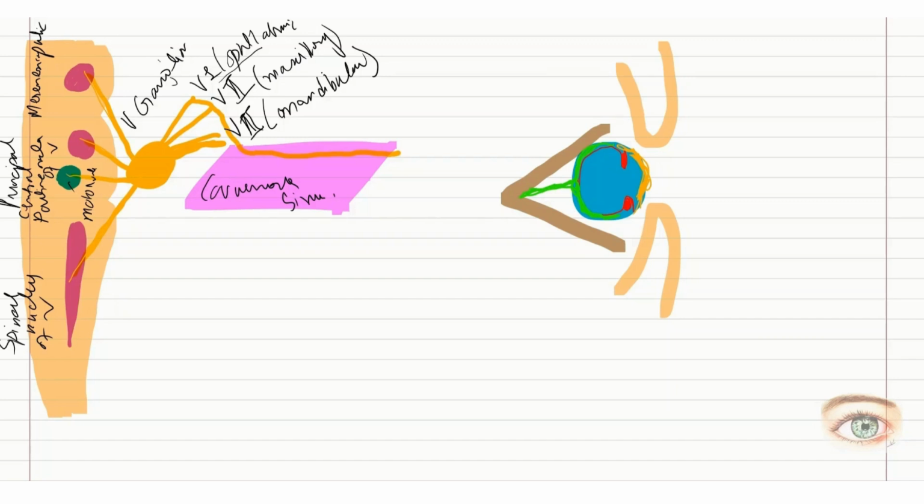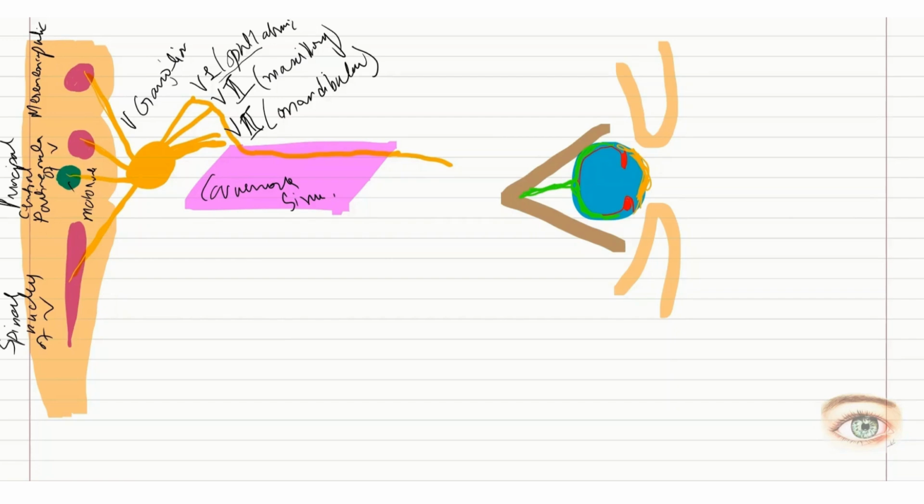Now, the fibers, after passing through the lateral wall of the cavernous sinus and before getting into the superior orbital fissure, if you can recall that I have mentioned in the previous video that we have three branches of the first division of the trigeminal nerve, which pass through the superior orbital fissure.